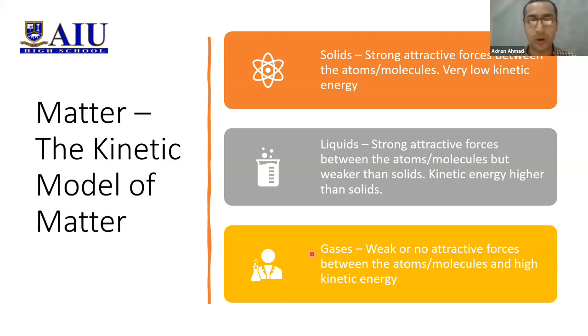So you should know about these two types of energies that we deal with. Kinetic energy is energy due to motion, and potential energy is the energy which is at rest.